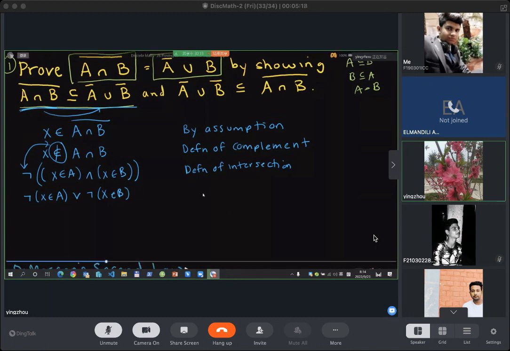Sometimes we make it a simple rule: if you want to push this logical negation in and change everything to the three parts, for each part we want to change. The first part we change to a negation, and the second logic operator we change from and to or, and then the third part becomes in or not.